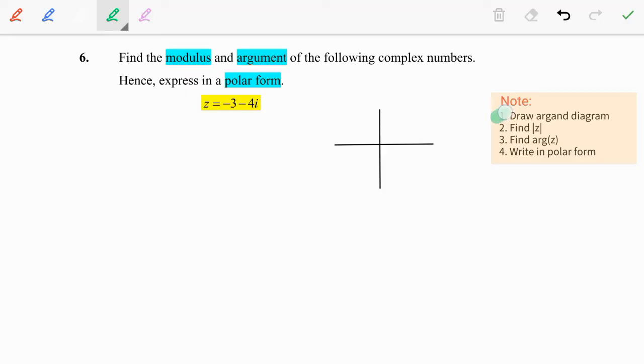Step 1. Represent in an Argand diagram in order to identify the location of -3 minus 4i. So we let the x-axis be the real axis A and the y-axis be the imaginary axis B. Now, by comparing z equal to a plus bi with z equal to -3 minus 4i, we clearly see that the real part A is -3 and the imaginary part B is -4.